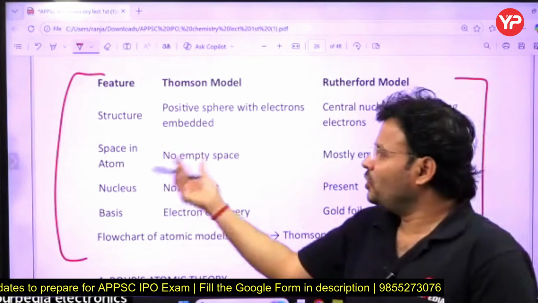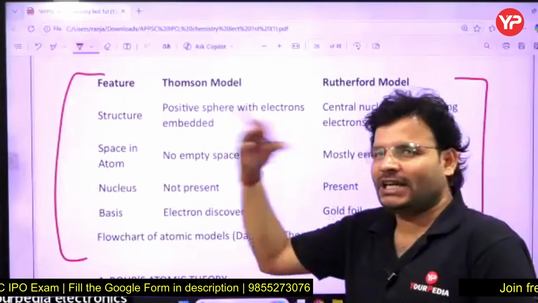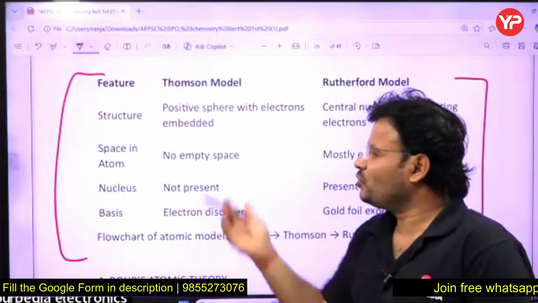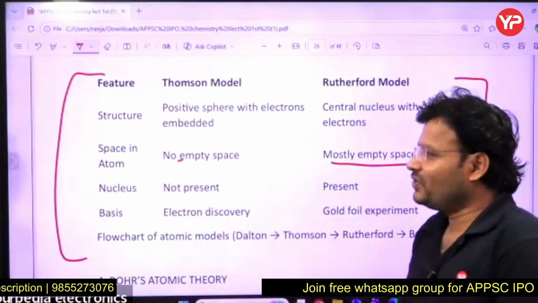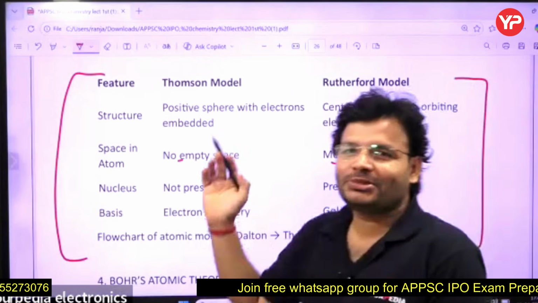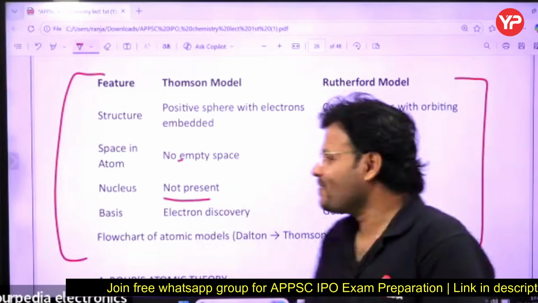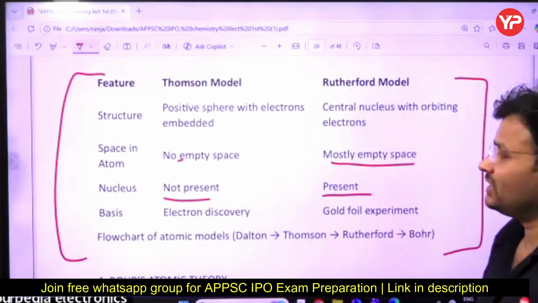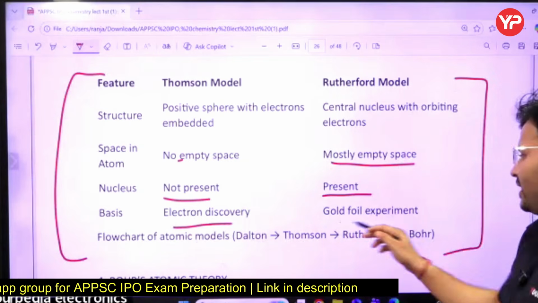On space in the atom, Thomson has no empty space, because the whole sphere is filled with positive charge, while according to Rutherford it is mostly empty space. About the nucleus, Thomson did not say anything, so he is saying no nucleus is there, but Rutherford said yes, the nucleus is present. For the basic discovery, he talked about the gold foil experiment.